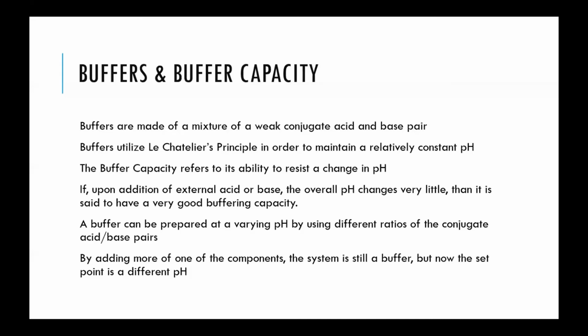But things like acetate buffers, phosphate buffer, ammonia buffer, these are not fixed at one pH, but a variation around a number of pHs, and that's depending on the ratio of its conjugate acid and conjugate base. So if you have a buffer and add one of these components, it's still going to be a buffer. It's just going to be starting at a different pH.